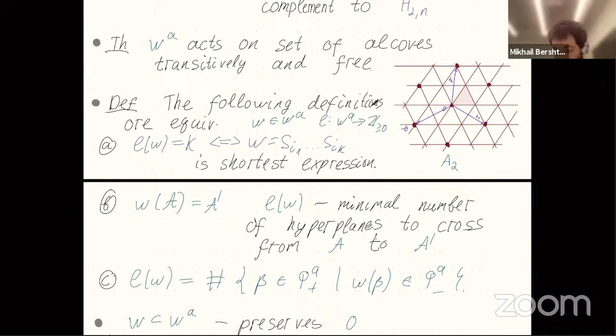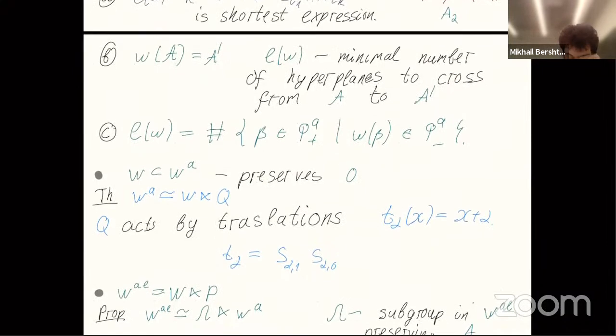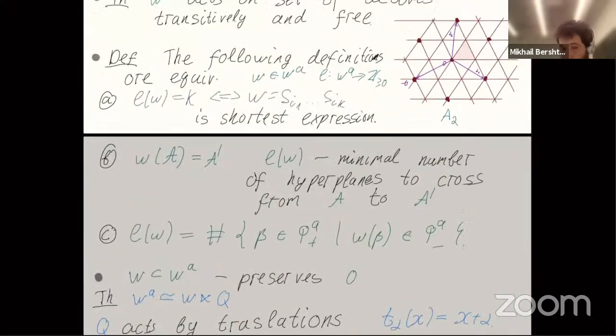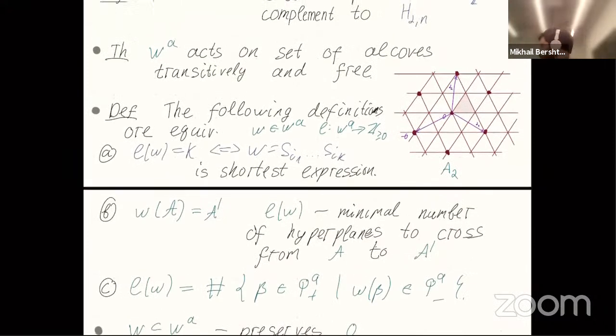In terms of this decomposition, this will enlarge the factor W. You want to add one more reflection, one more hyperplane. It enlarges the factor W. But for what I'm going to do, the most important thing is the translation, and this will not enlarge the translation.